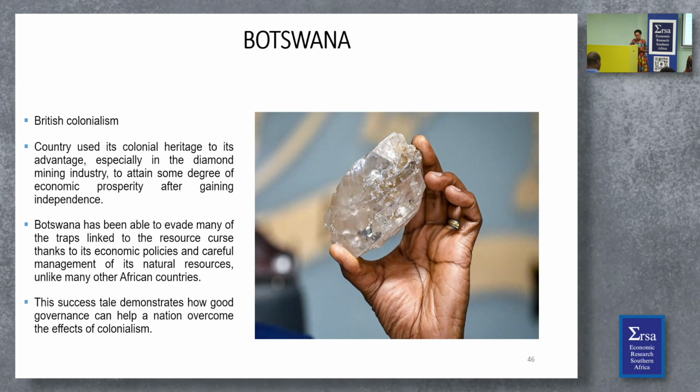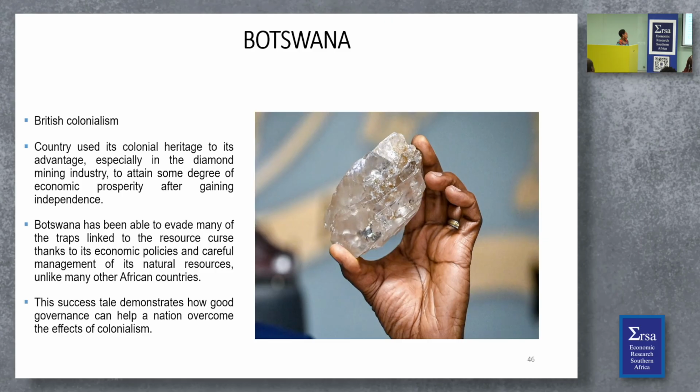So Botswana's history is always, or the narrative about Botswana is always told that, yes, despite the fact that they were colonized by the British, they were able to evade many of the traps that were linked to the resource curse, because they already had these strong pre-colonial institutions in place that helped them to sort of recover post independence.